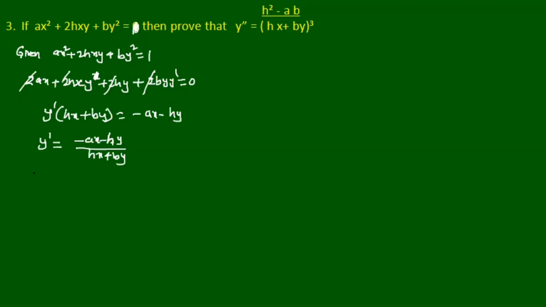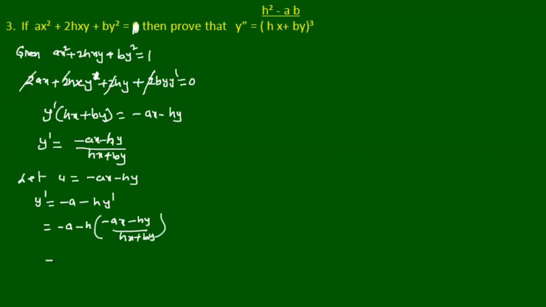Let u is equal to minus ax minus hy. U dash is equal to minus a minus h y dash. So this can be written as minus a minus h into y dash, where y dash is minus ax minus hy by hx plus by.